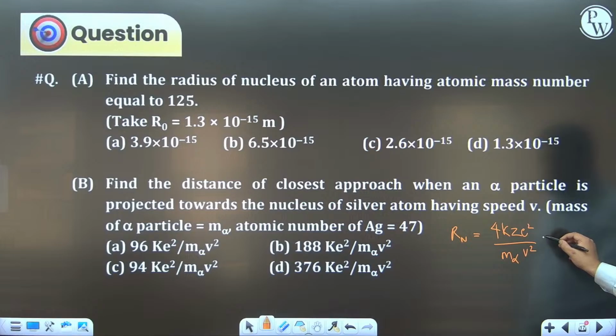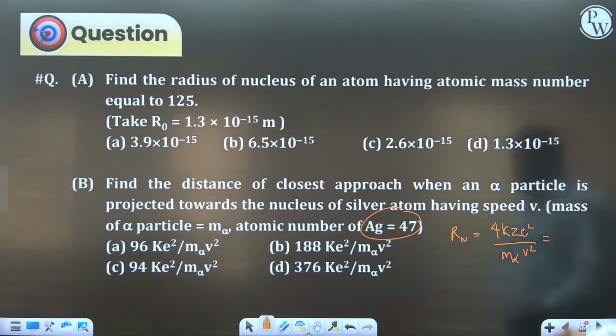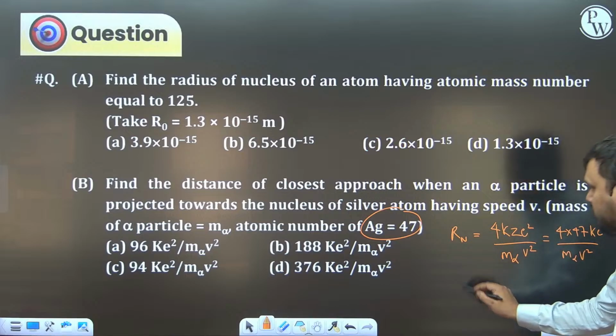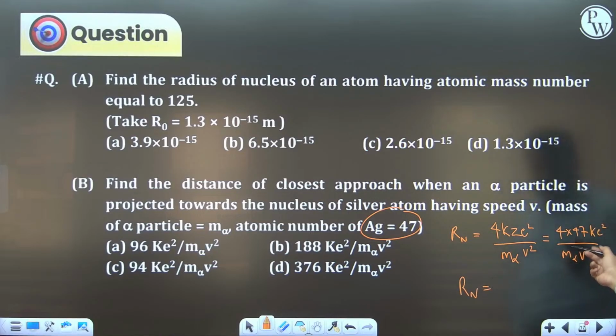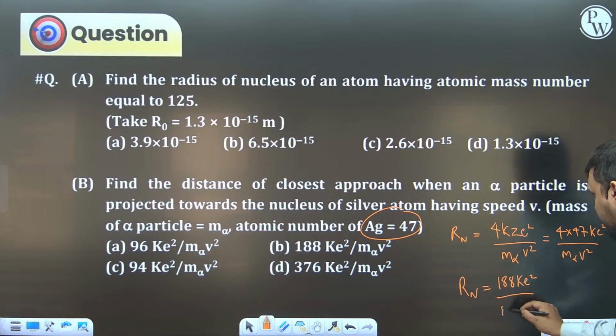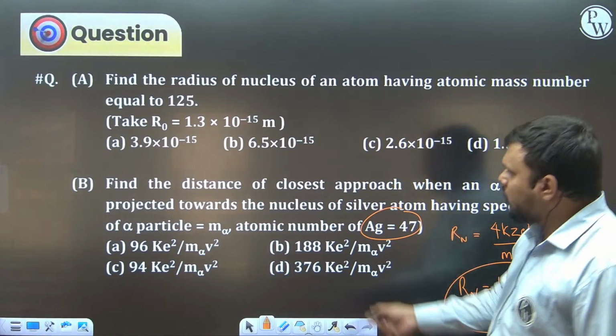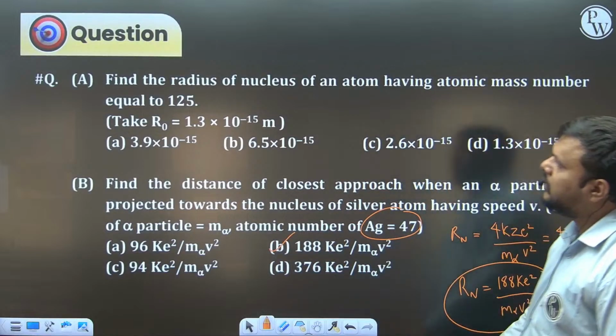And what is the Z value? Silver has atomic number equal to 47. Put the value: 4 into 47 k e square upon m alpha v square. So the distance over here is 4 into 47, that is 188 k e square upon m alpha v square. So of course option B will be our answer.